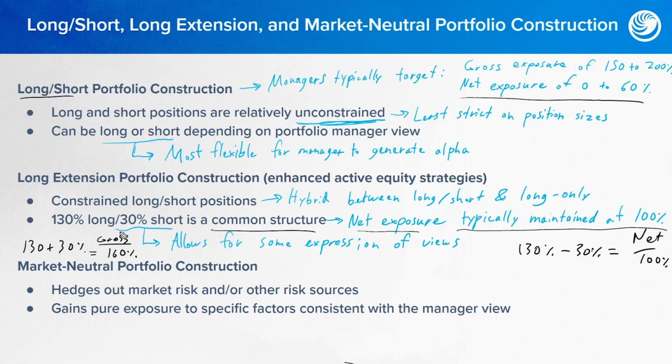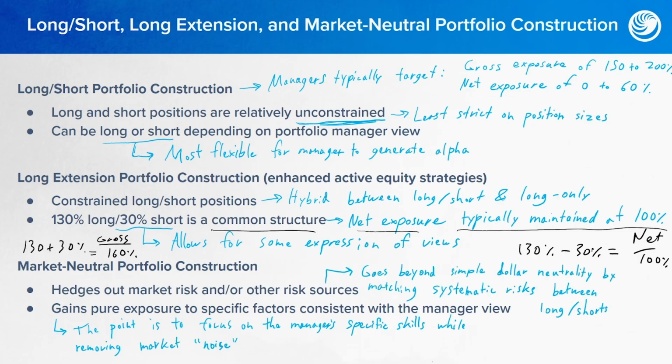Allowing some level of having a short position will allow the manager some level of expressing their own views to try to generate alpha, but it is not going to be nearly as flexible as the long-short portfolio allowed the manager to be. So in this hybrid idea, it is less flexible than the long-short portfolio, but more flexible than the long-only portfolio.